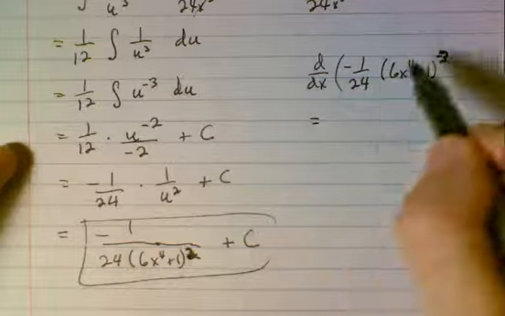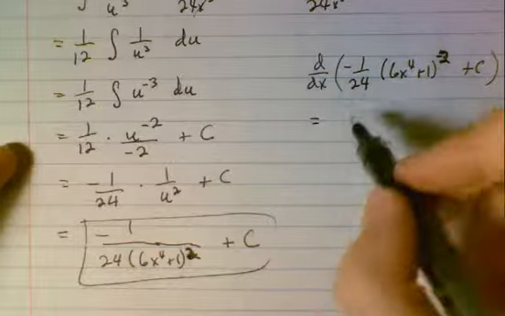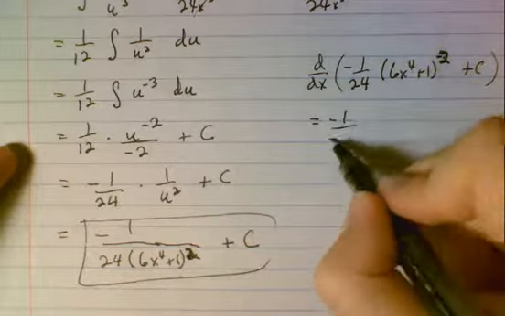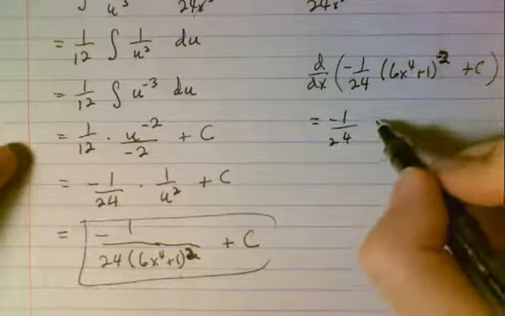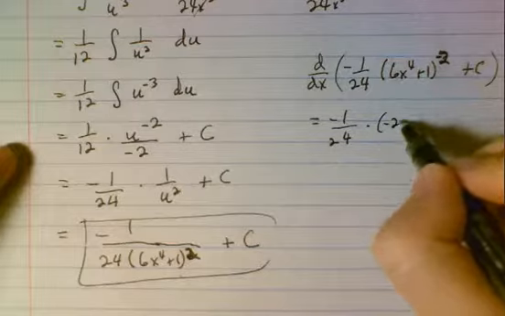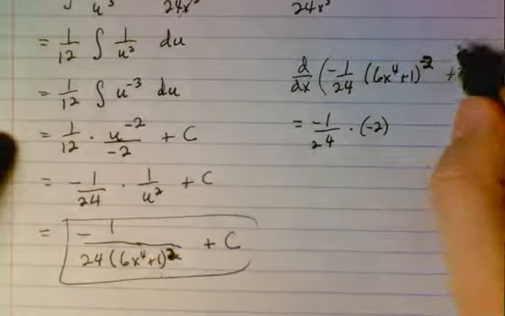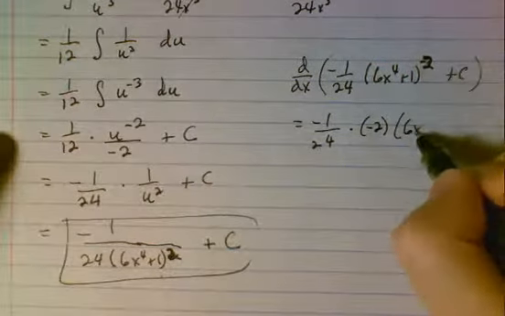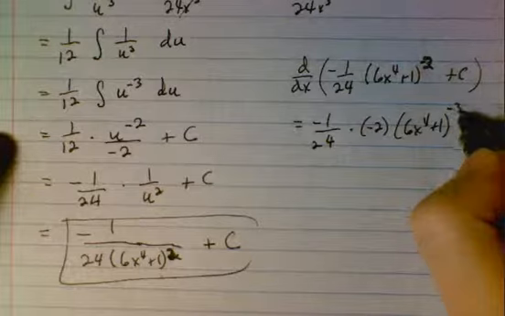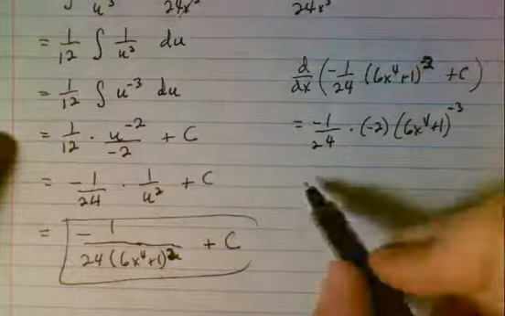This is always a good thing for checking your work, to make sure you catch little errors like that. So we have negative 1/24. We bring down that negative 2, subtract 1 from that exponent, and the derivative of c just goes away.